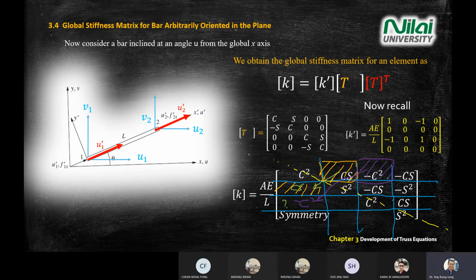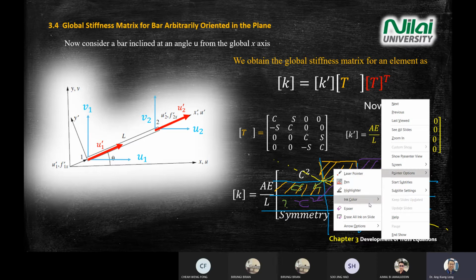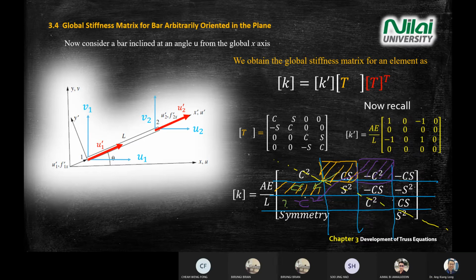Okay, Brian, I'm going to ask you again. What should I write over here? I will ask until you understand. What should I write here? Negative CS, because you're copying this block.